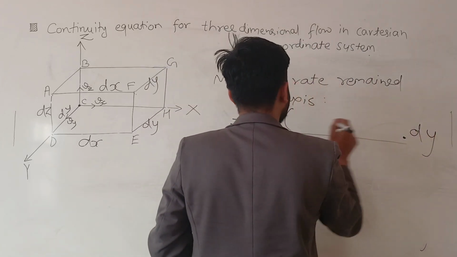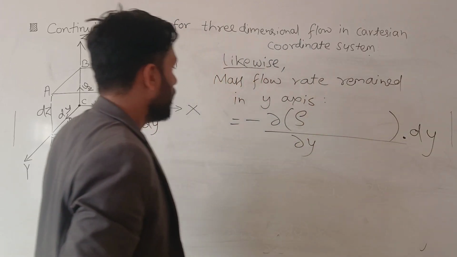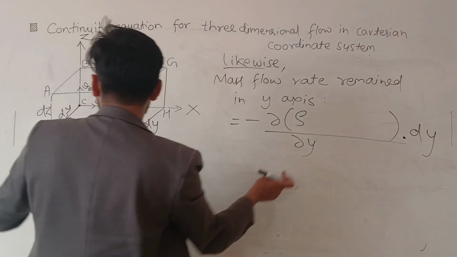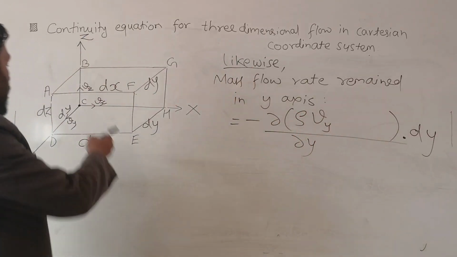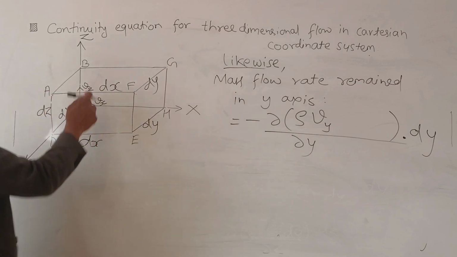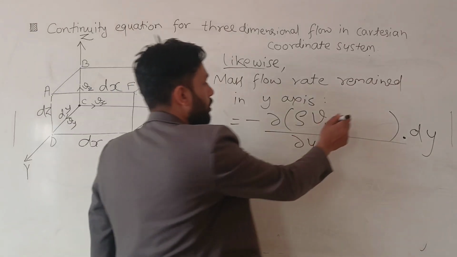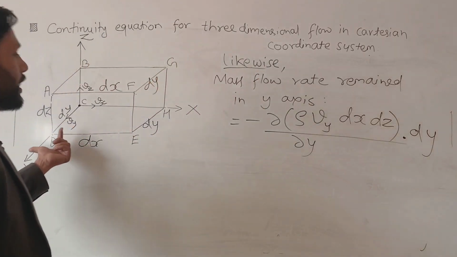And what is the difference inside this one? This one has density rho, and the velocity in the y direction is Vy. We have assumed the velocity in the y direction Vy, and the perpendicular area in the y direction is dx into dz, which is perpendicular to the y axis. All right.